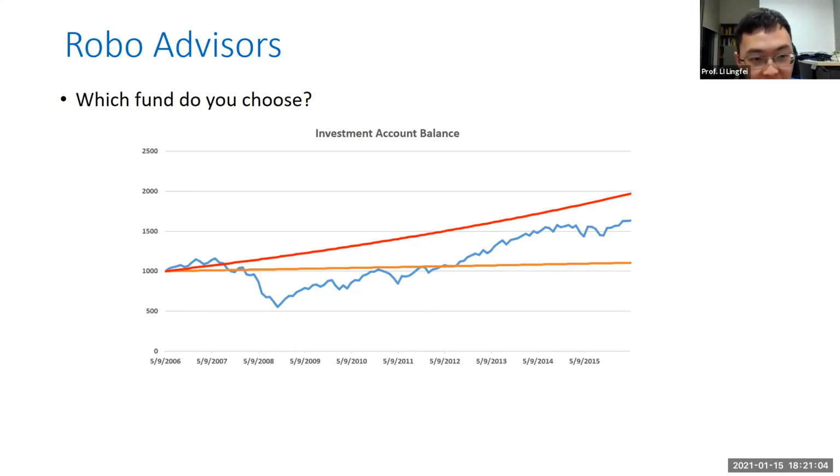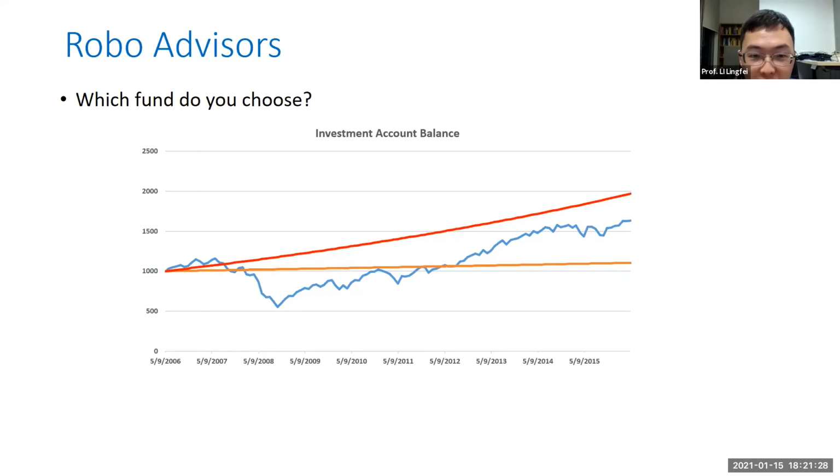It stays below 1,000 for quite a long time, even touching almost 500. But after some years, it comes back, and after over 10 years, it stands above 1,500.